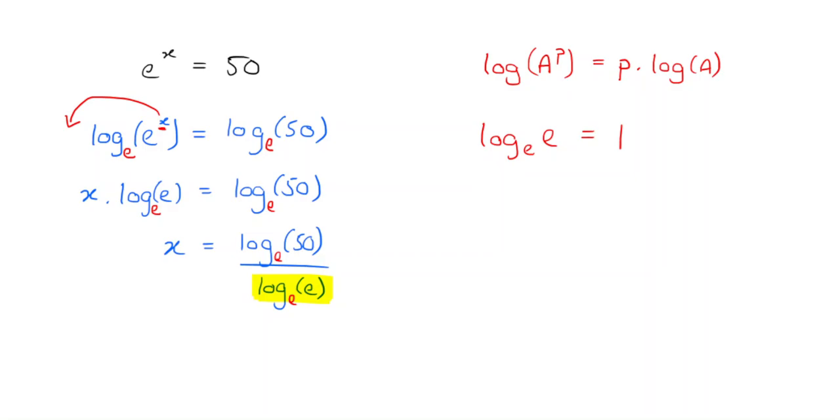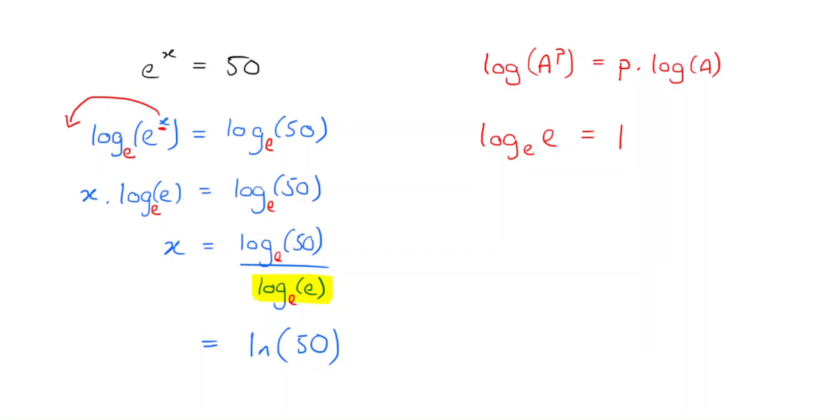So if log base e of e is equal to 1, then I can just say that x is equal to log base e 50. And we know from our calculator that we can write that in a different way, as ln, because remember, ln just means log base e.